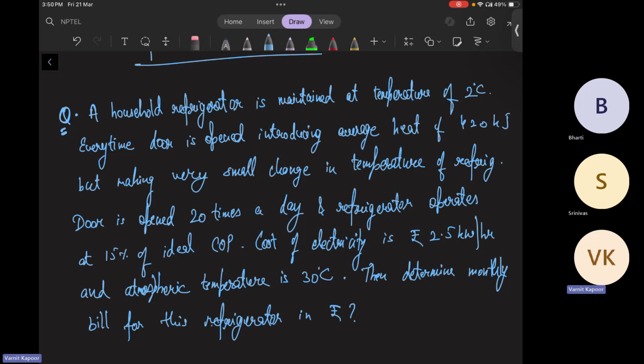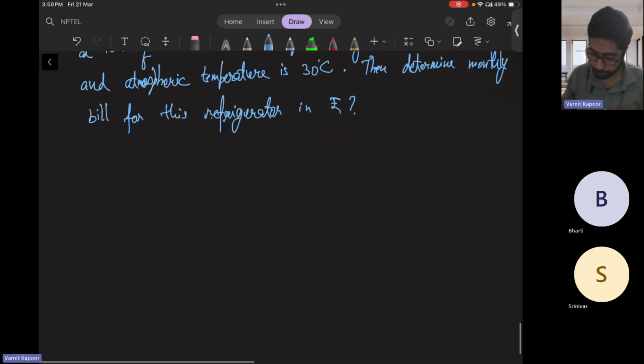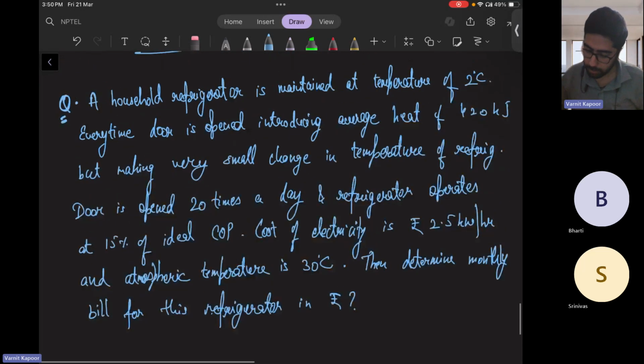Okay, let's start discussing. There is a household refrigerator which you have at your home, operating between temperature limits of 2 degrees and 30 degrees. Your refrigerator is maintained at 2 degrees and the ambient temperature is 30 degrees. 420 kilojoules of heat is added whenever you open the door, and 20 times a day you open the door, so you know the total amount of heat you add.